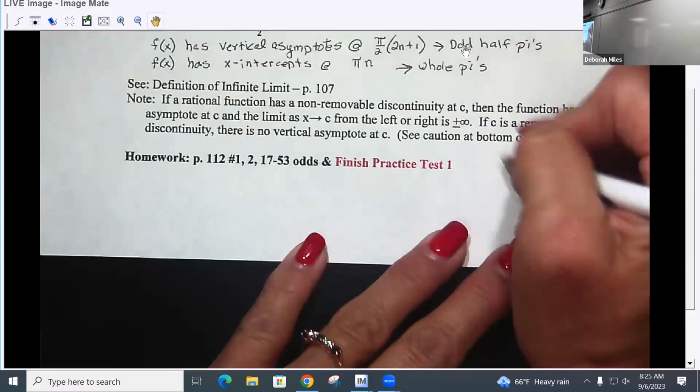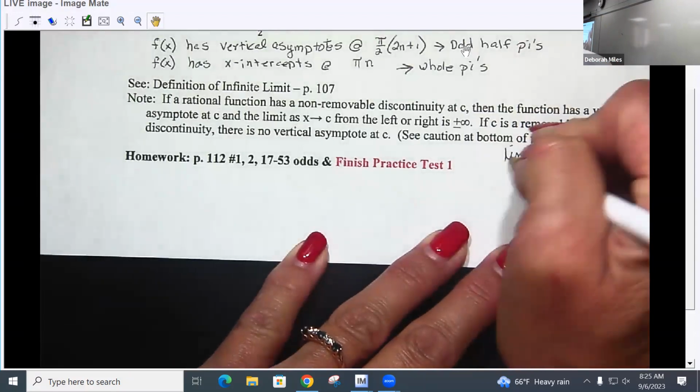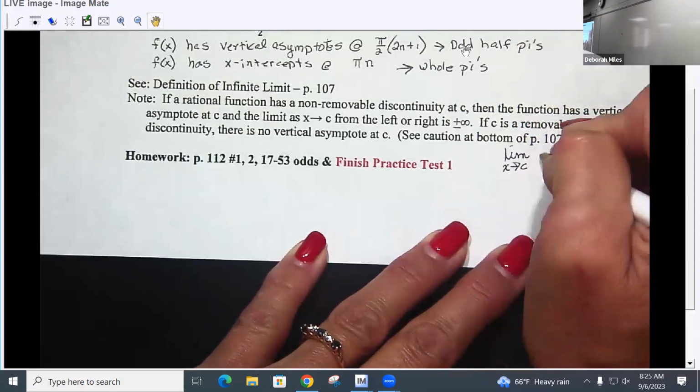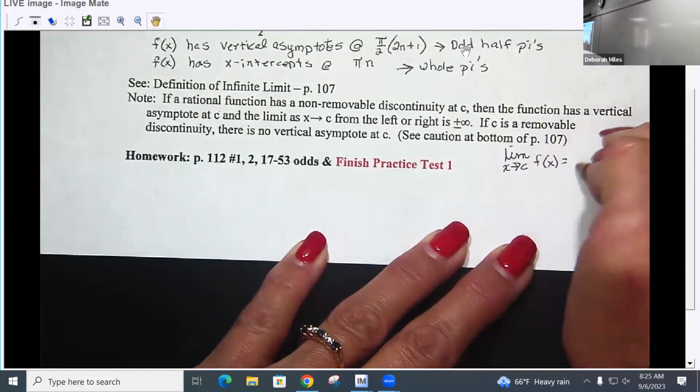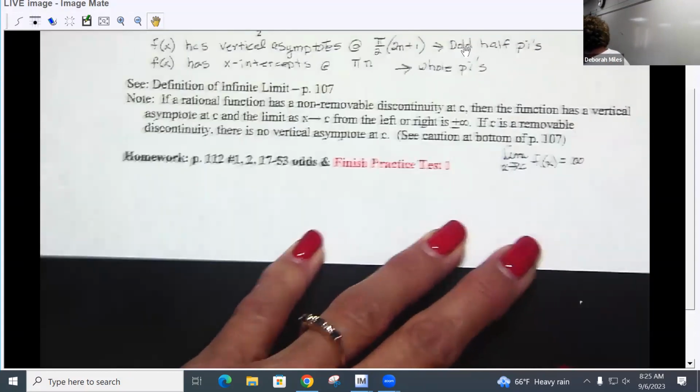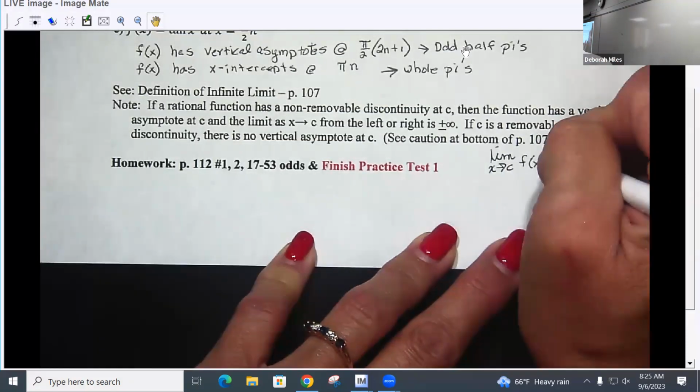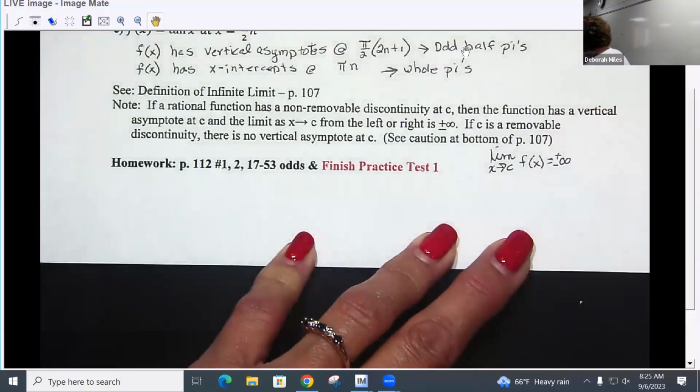When you write limit as x goes to c of f of x equals infinity, I could just say plus or minus infinity and I wouldn't have to write it again.